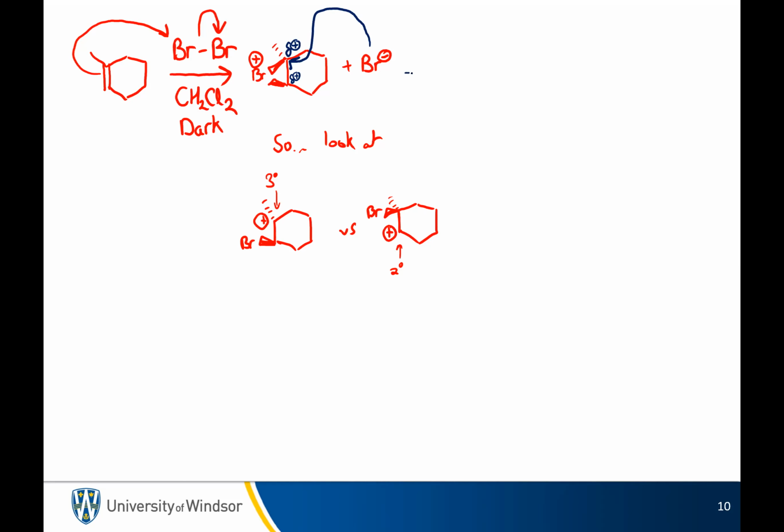When I do that, the bromine pops open on the other side here. The methyl group that was down is going to be pushed into the up position. And our new bromine is going to be on the bottom.